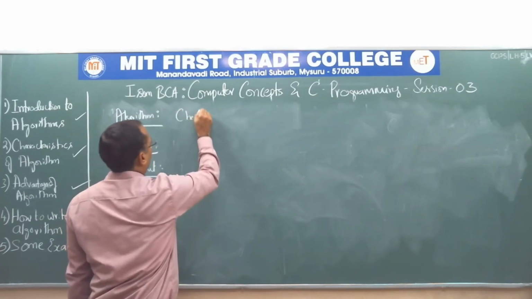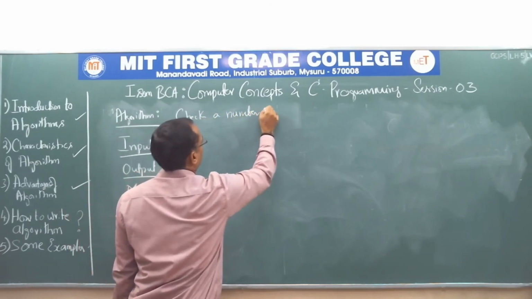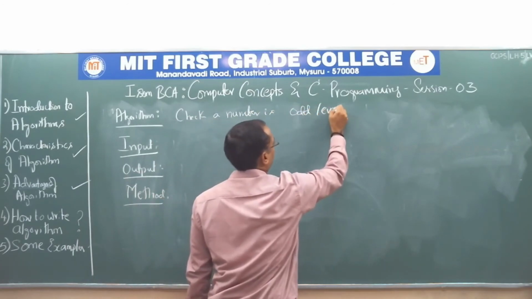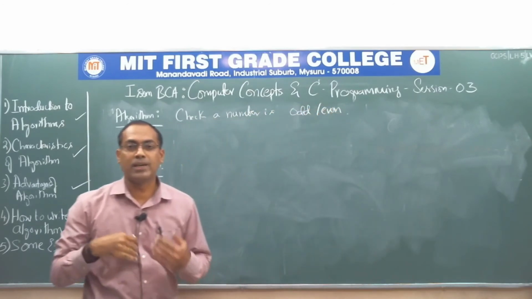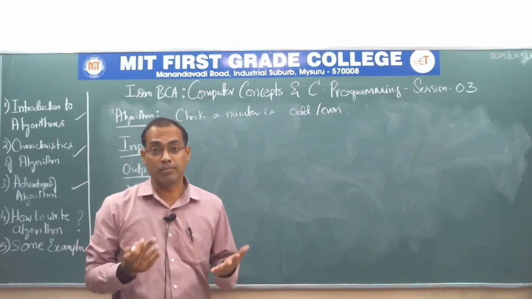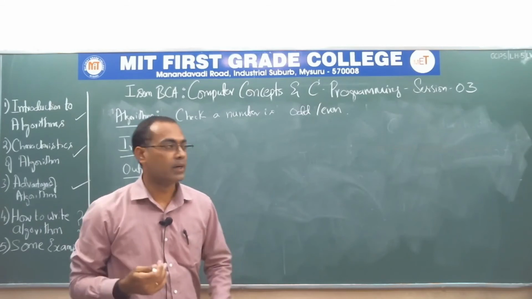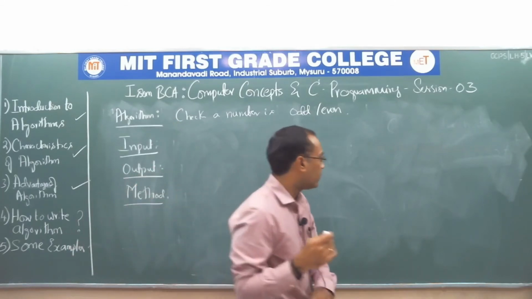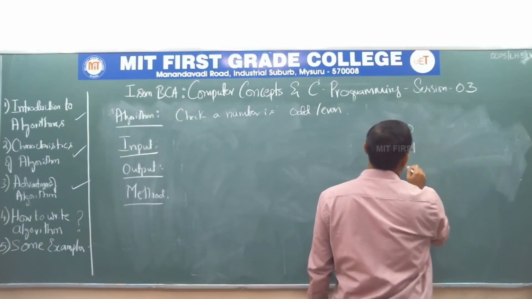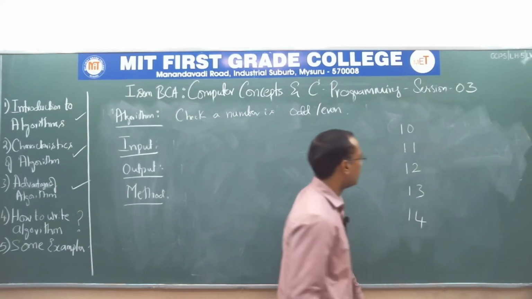Check whether a number is odd or even. Suppose we give a whole number, we need to check whether that number we supplied as input is an even number or an odd number. To understand this, first we'll write down some numbers: 10, 11, 12, 13, 14.